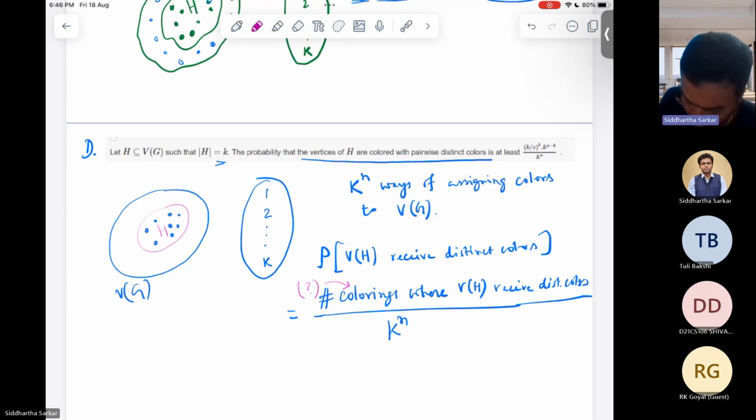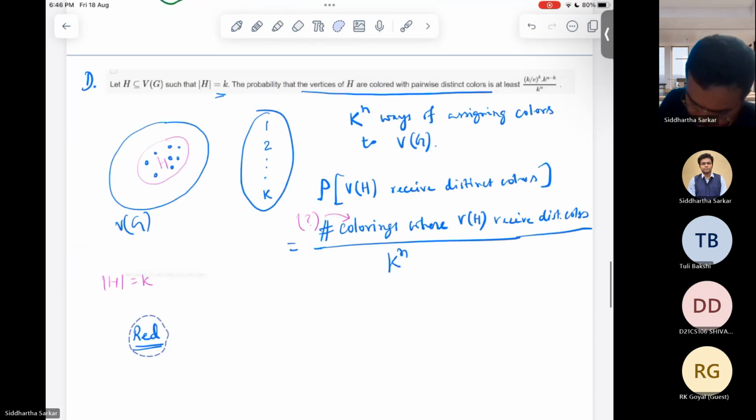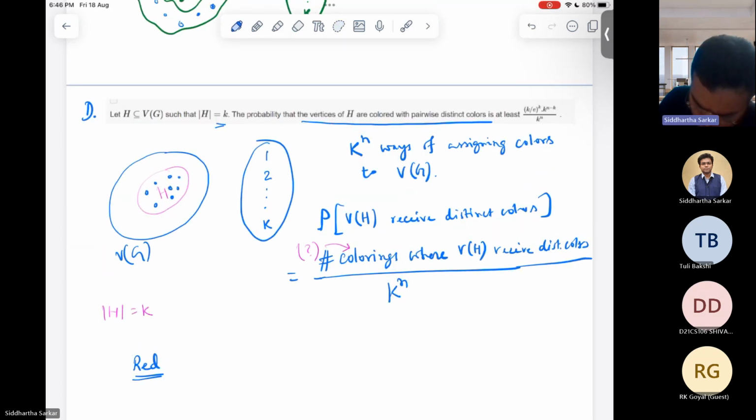Because H has only k members, if you are willing to give distinct colors to the members of H, you give the first vertex of H, let us say, a color red. Let me mark these vertices. So let us say we mark the vertices of H as u1, u2 up to uk.